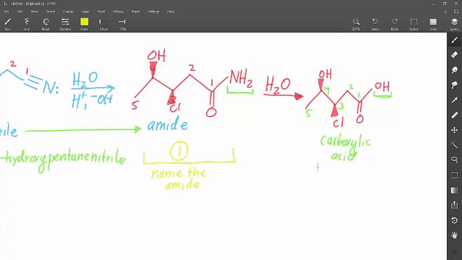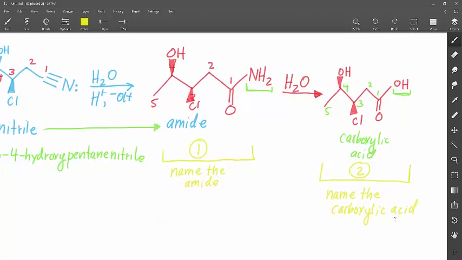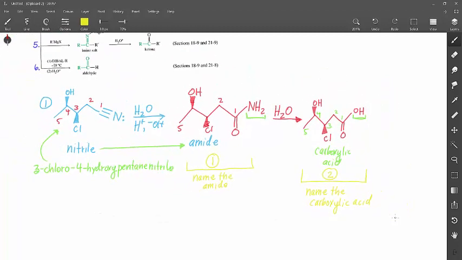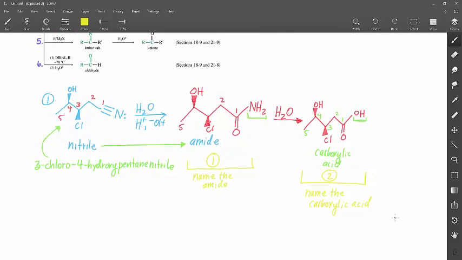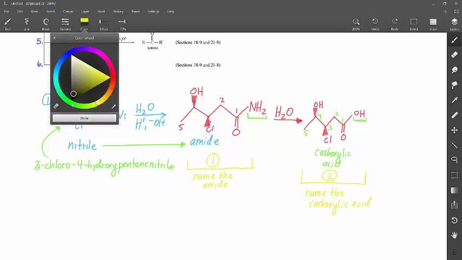Number 2, I want you to name the carboxylic acid. So once you're able to draw the structure and put the names into context, the reactions make a lot more sense.